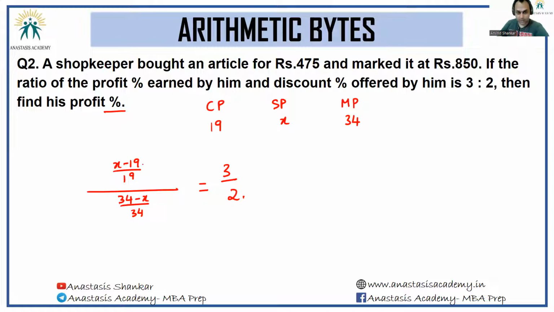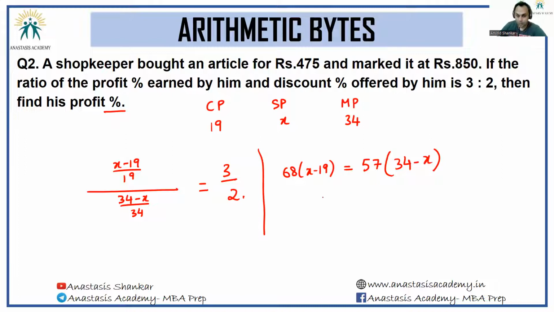I get 2x minus 38, and 34 has to go. This will be huge. So 68 times x minus 19 should be equal to 19 into 3, so 57 times 34 minus x. Okay.